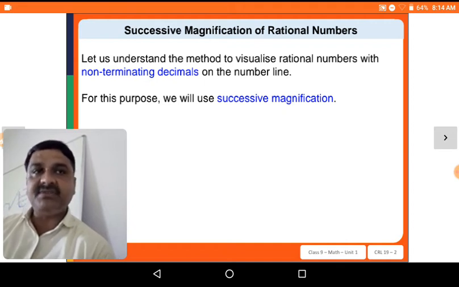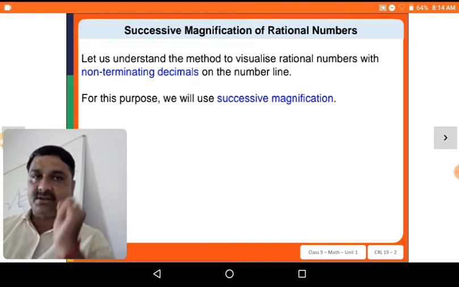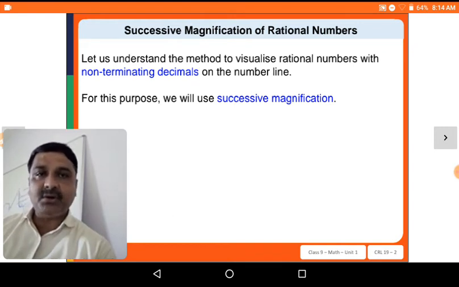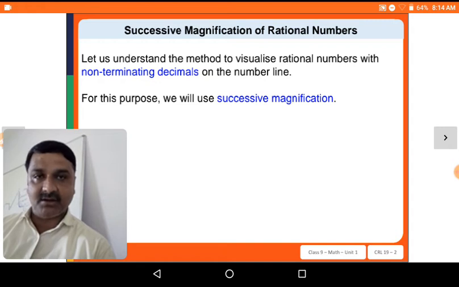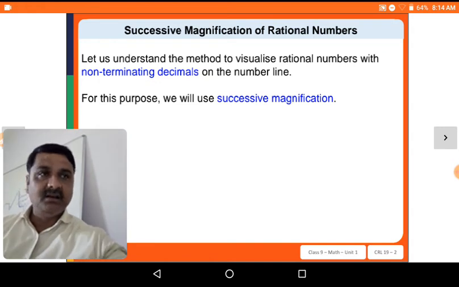For understanding this method, we will use successive magnification. That is particularly used for non-terminating decimals only. So let us move on.